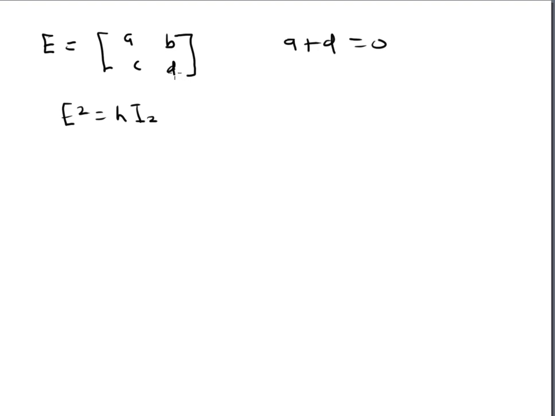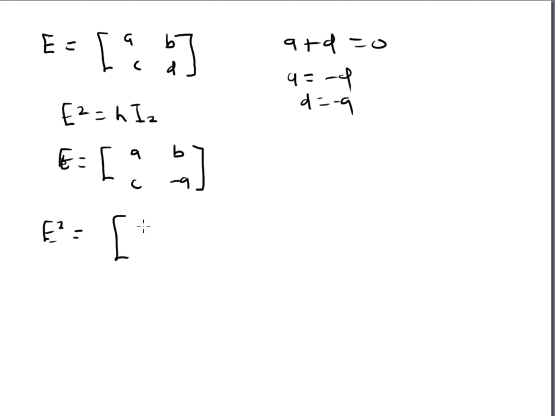But before we continue, A plus D is equal to 0, so we can make A the subject: A is equal to negative D, or D is equal to negative A. So let's replace D with negative A. E is now equal to A, B, C, negative A. So now E squared gives us A, B, C, negative A times A, B, C, negative A. I hope you all get it up to this point.